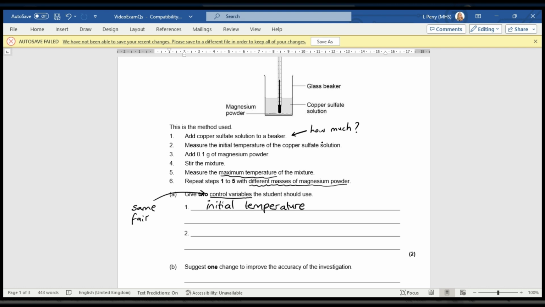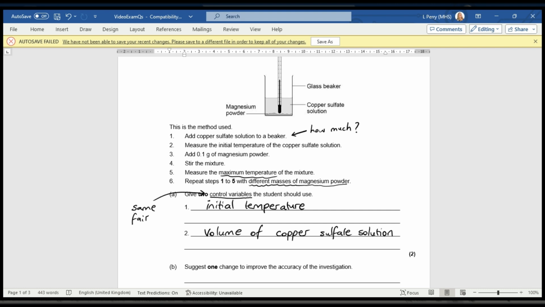Well, I said how much. Well, they should keep that the same as well. So volume of copper sulfate solution. So notice I got my answers by reading back over the method. I didn't just pick them out of my head. All of this information's there to help me.